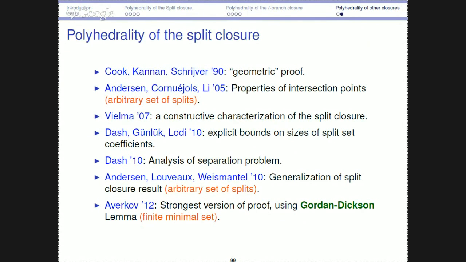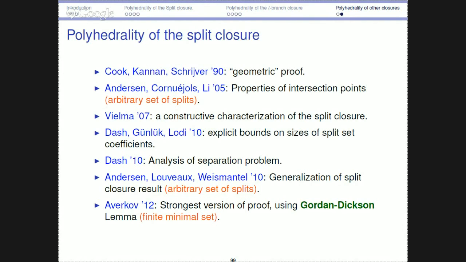Later, there are different proofs, some of them giving you bounds on the size of the vector defining the splits, and different things. And later, Andersen, Louveaux, and Weismantel generalized this split closure result for an arbitrary set of splits, not for splits, but for different lattice free sets, similar to splits.